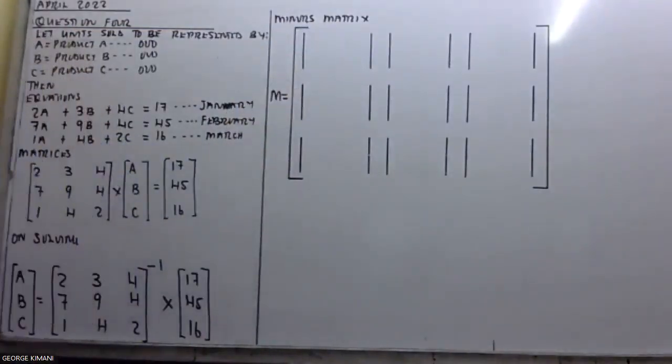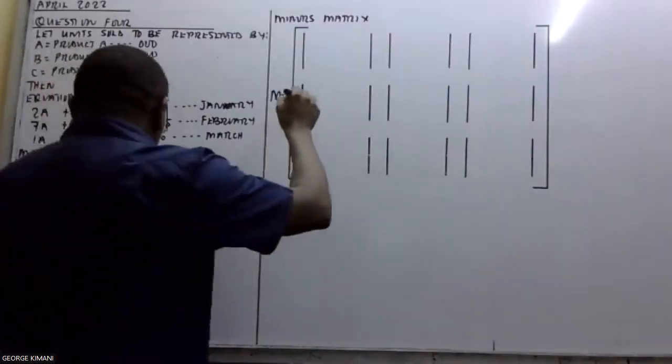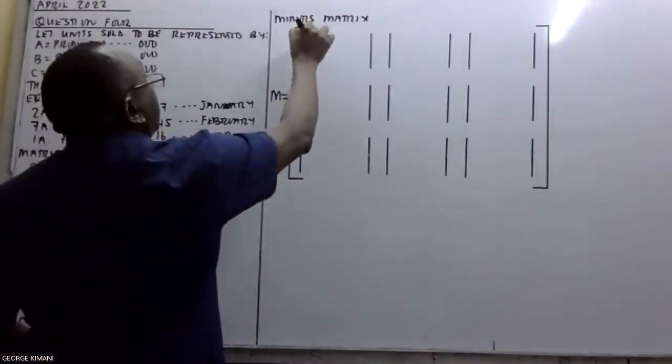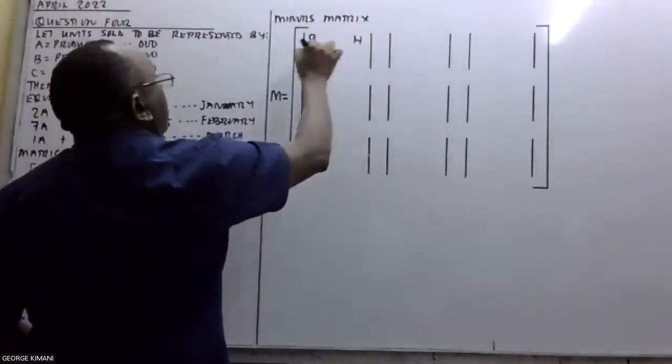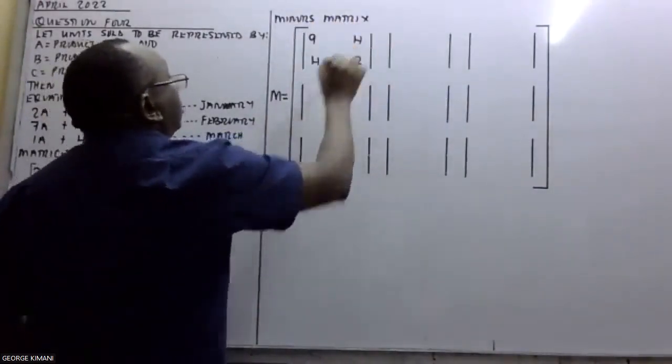So we start now removing. When I'm here, I broke the first row and the first column. I'm left with 9442.